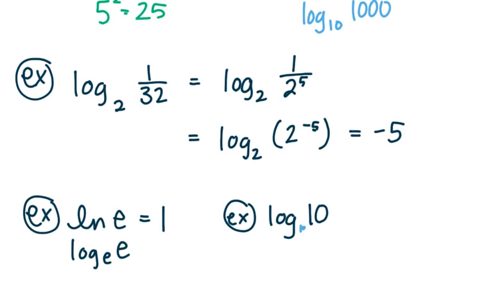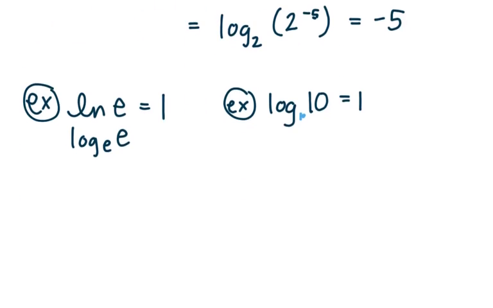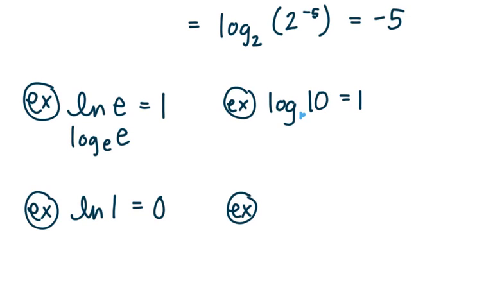And log base 10 of 10 equals 1. Also, when your argument is equal to 1, the logarithm is going to equal 0. So the natural log of 1 is 0. Or log base q of 1. We don't know what the base is, but it's going to equal 0.